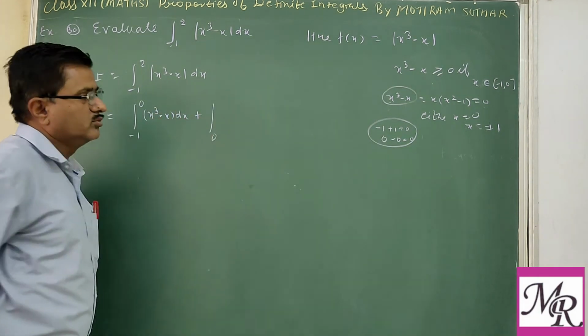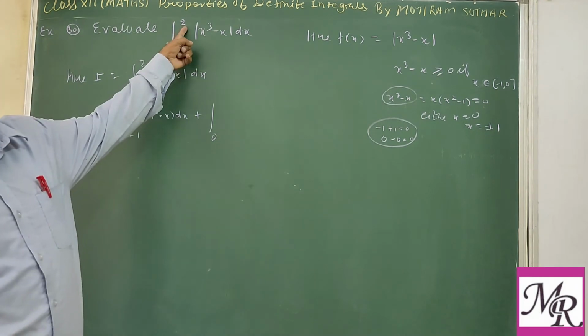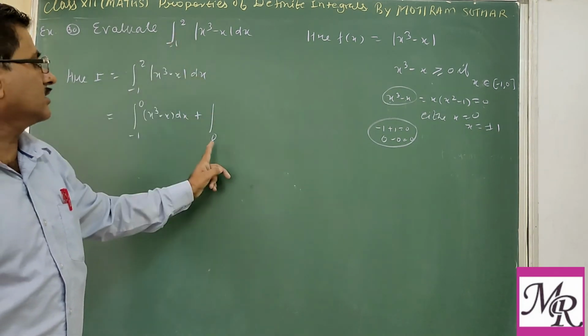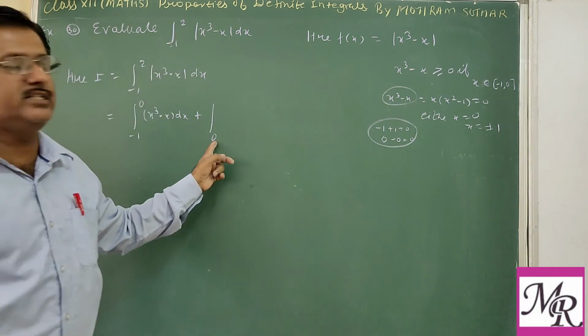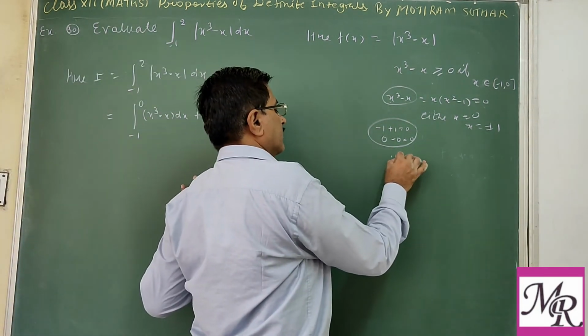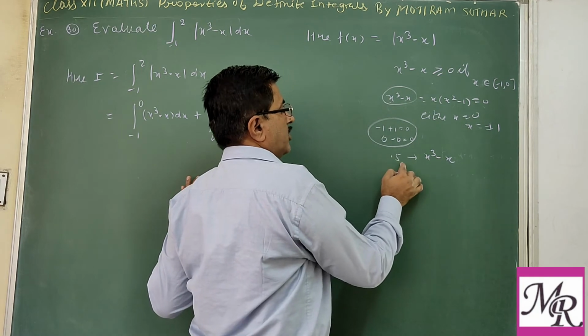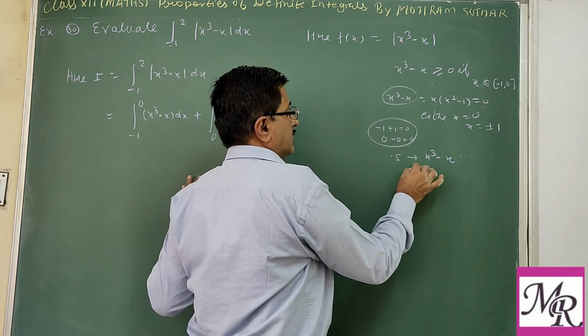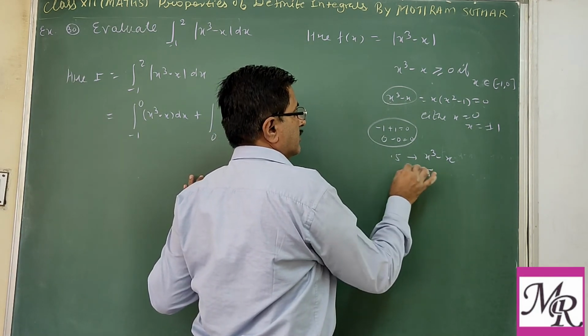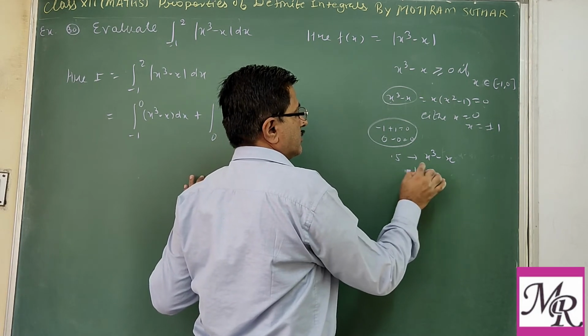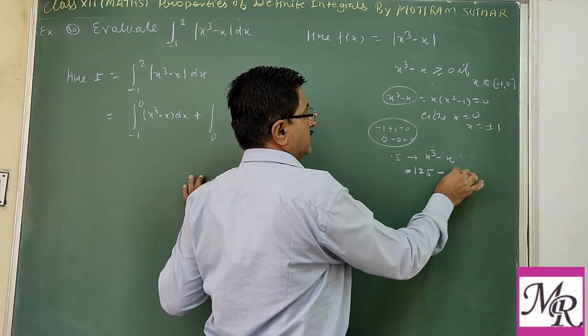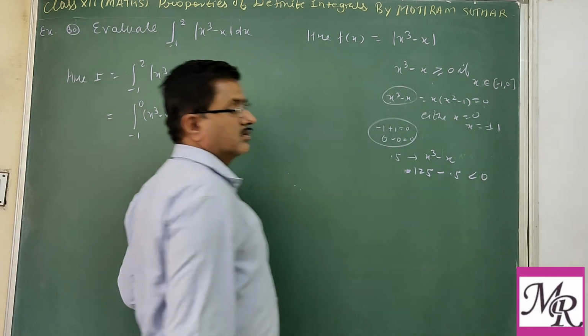Now from 0 to, now we have upper limit 2. So again you can check the points for greater than 0, like here 0.5. If you put 0.5 in this, 0.5 power 3 is 0.125, minus 0.5. So this is less than 0.